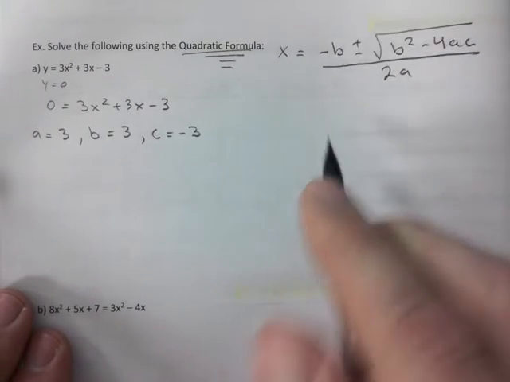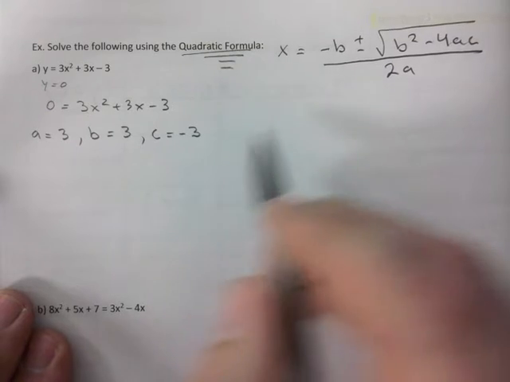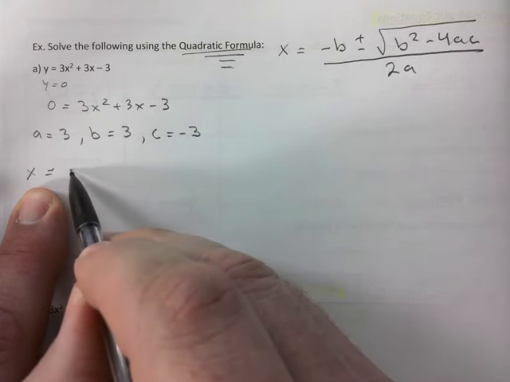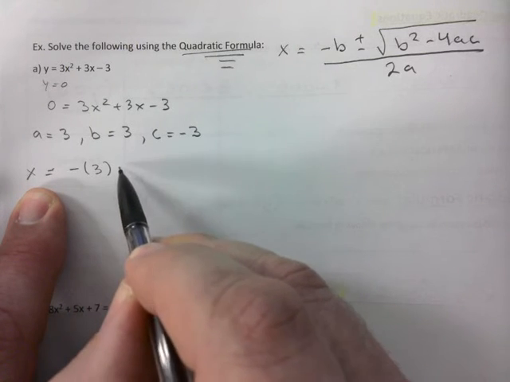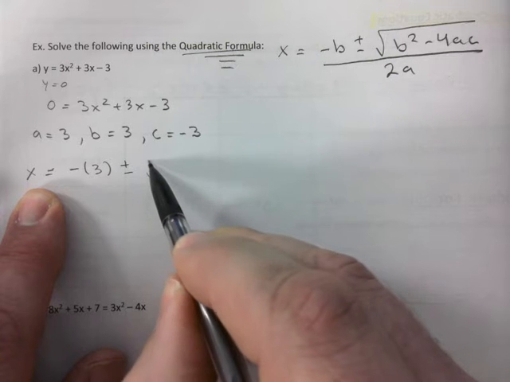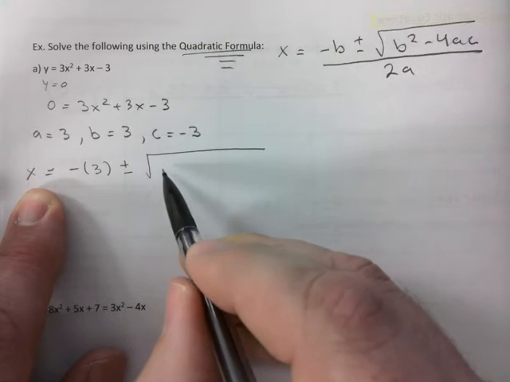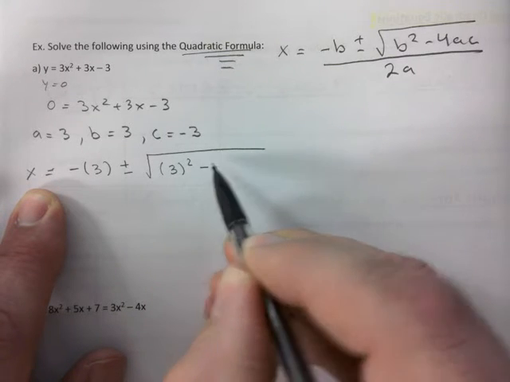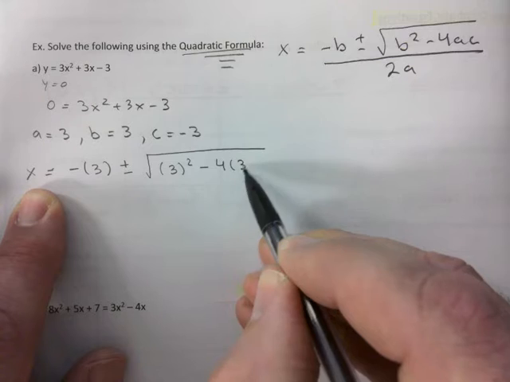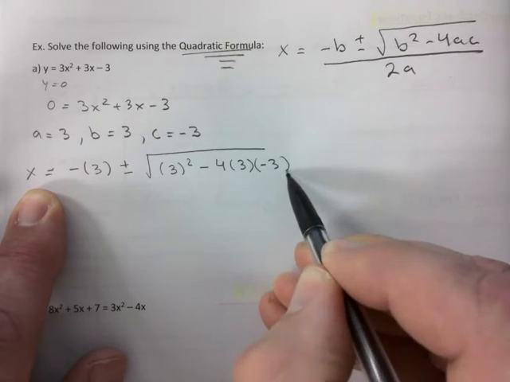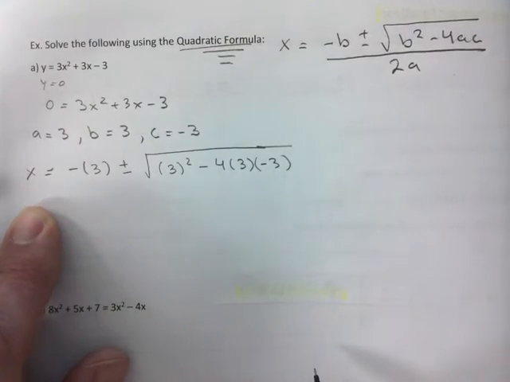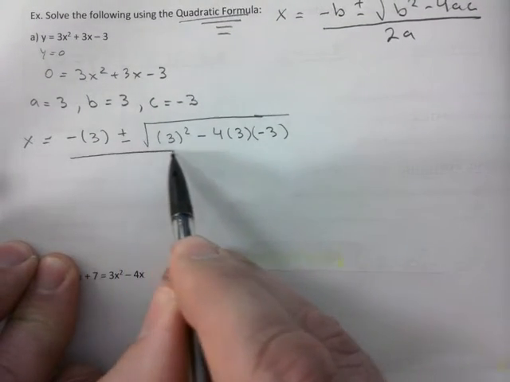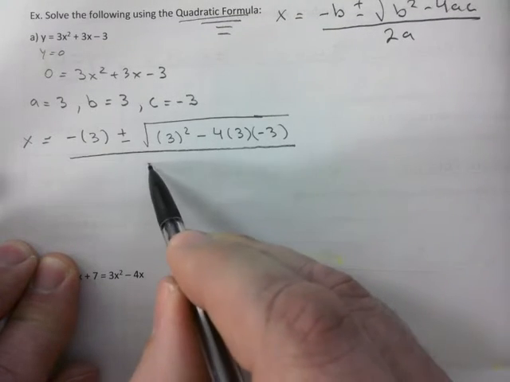And now we plug it into this formula right here. So I'll say x is equal to, it calls for negative b, so negative b plus or minus, it says b squared minus 4 times a times c, all of that divided by 2 times a.